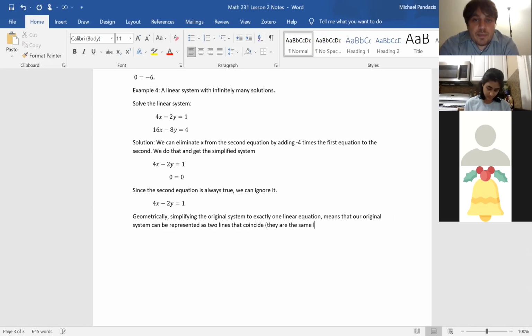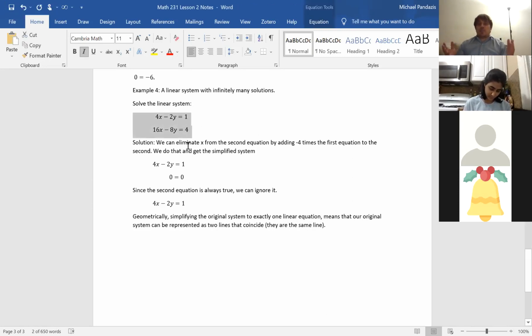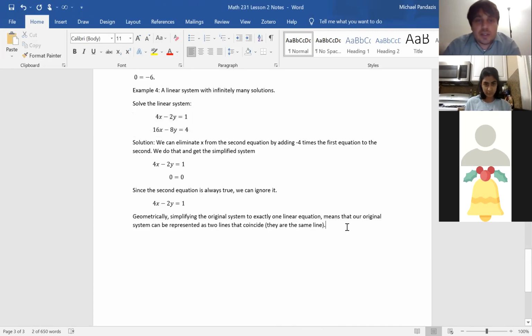They're the same line. Okay, so now this linear system is actually geometrically two lines that are exactly the same line. Okay, and so we know that there are infinitely many solutions because that's what happens in that case. That means that the original linear system has infinitely many solutions.